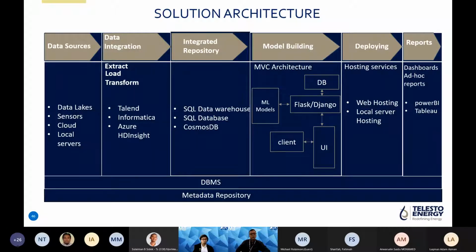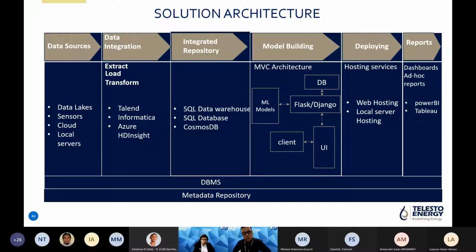So what we do is we use tools called ETL tools. What they do is extract the data from wherever it is and load it, and we have the tools that transform the data so that the input data for your model is prepared and in a format that is easy to run your model.